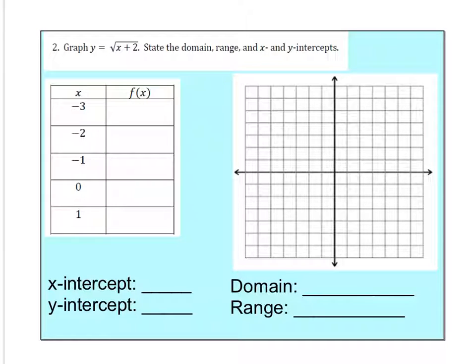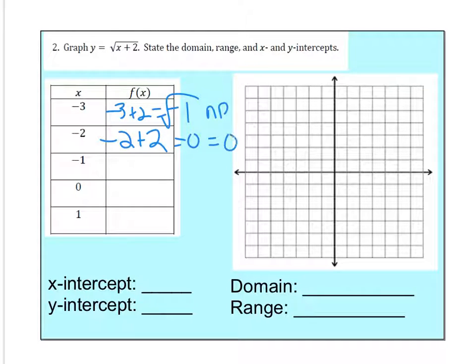again, I'm looking at what I'm doing here. Negative 3 plus 2 equals negative 1. Can't do square root of negative 1. Not possible. Negative 2 plus 2 equals 0.